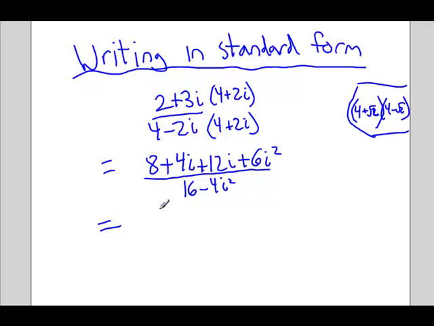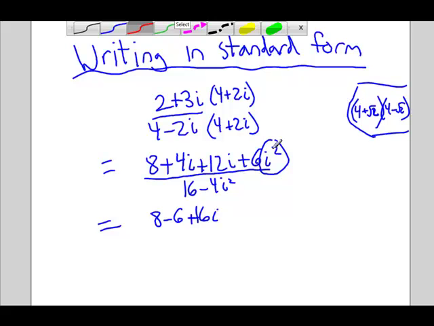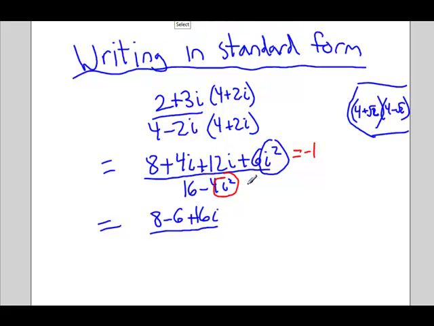When we simplify the top, we get 8 minus 6 plus 16i, because i squared is equal to negative 1. That's where I got this negative 6. On the bottom, similarly, this is negative 1.